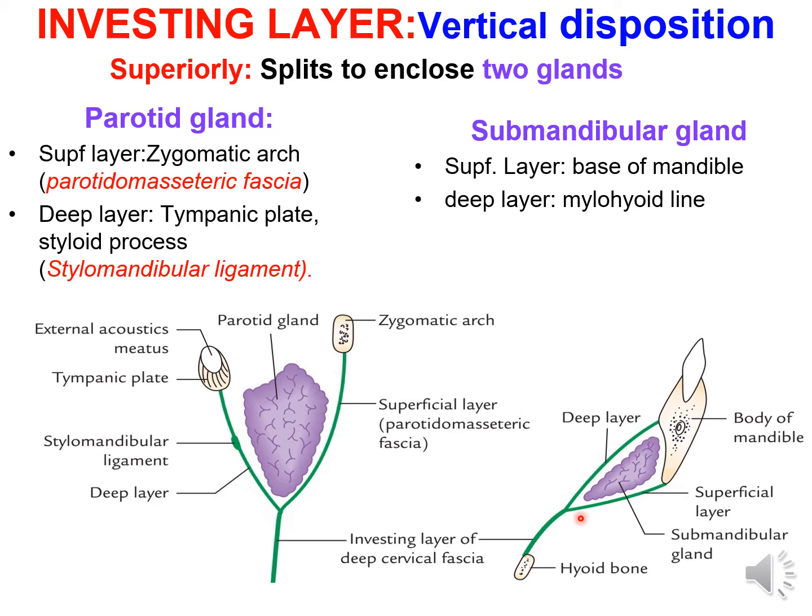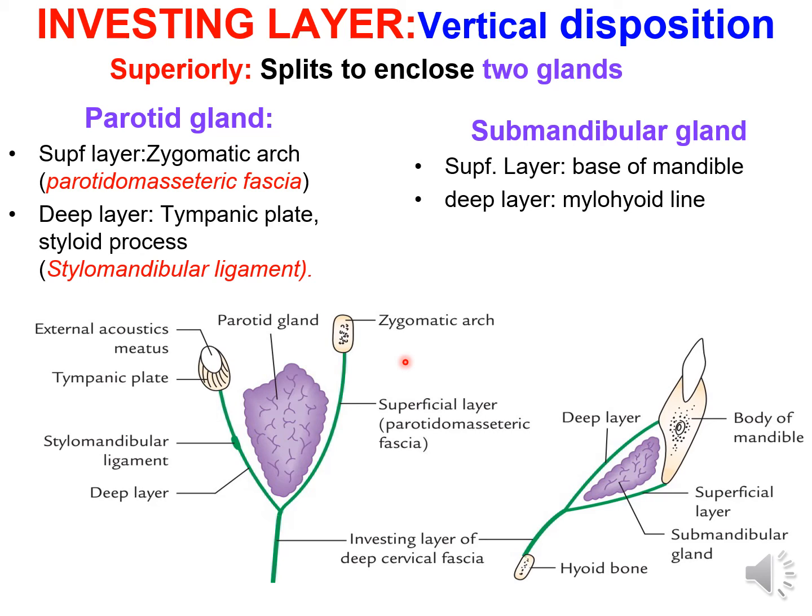Now let's see how it encloses the submandibular gland. The superficial layer goes and gets attached to the base of the mandible, whereas the deep layer passes through the deep surface of the submandibular gland and gets attached on the mylohyoid line.